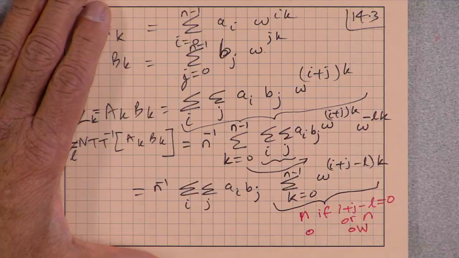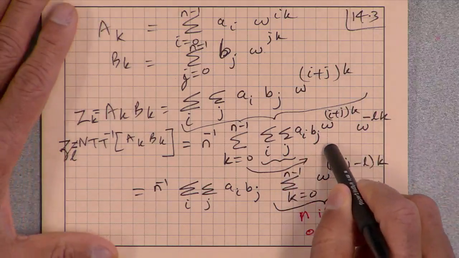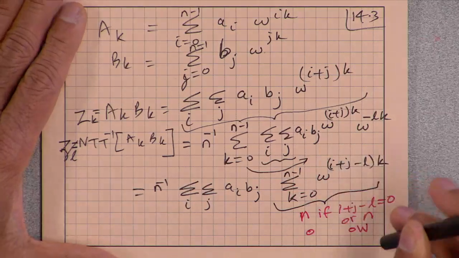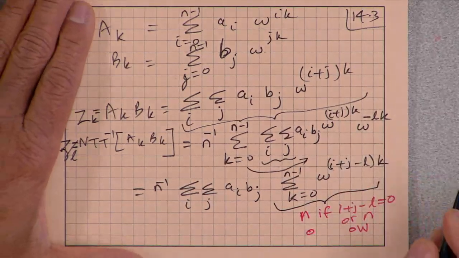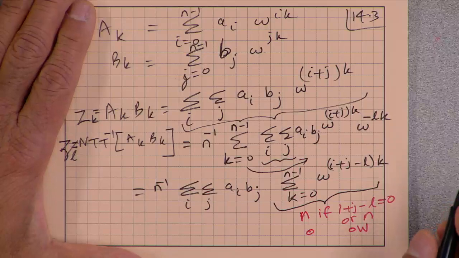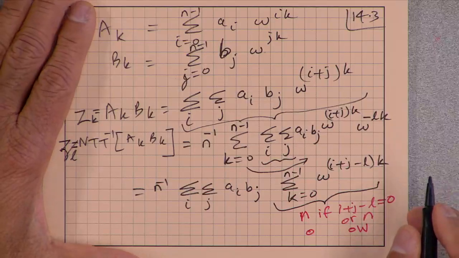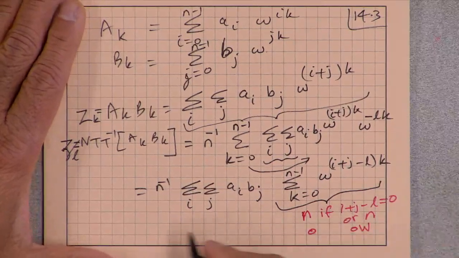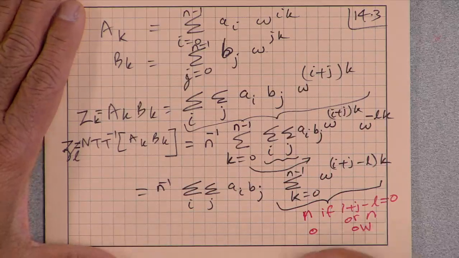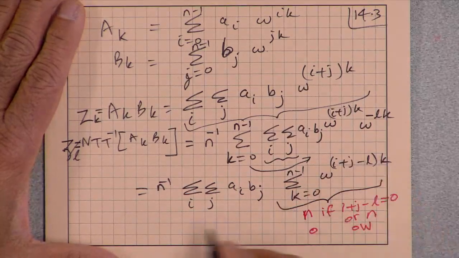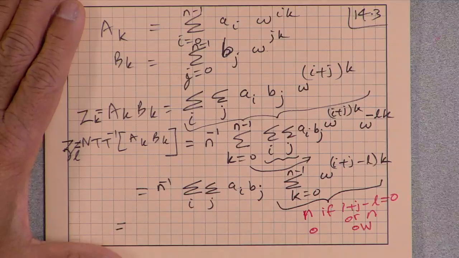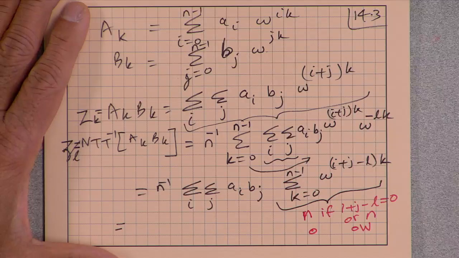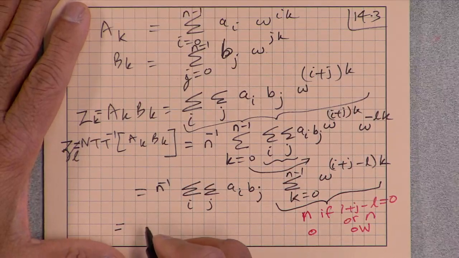So that means this whole sum will have a value only when i plus j minus l is either 0 or n. So we can forget about all the 0 terms, and what remains is when n times n inverse becomes the identity, or 1 mod q.